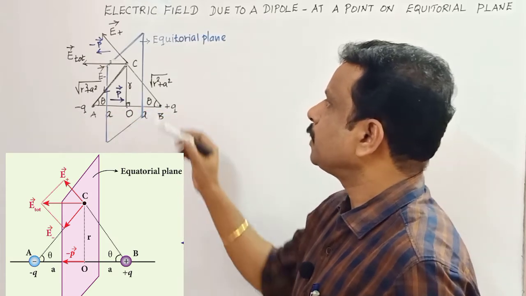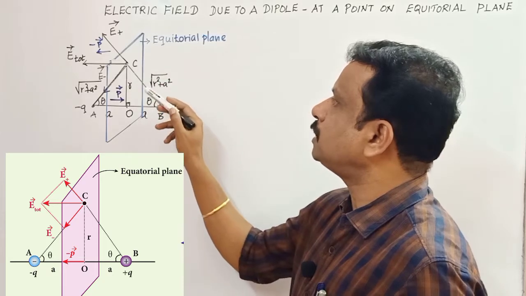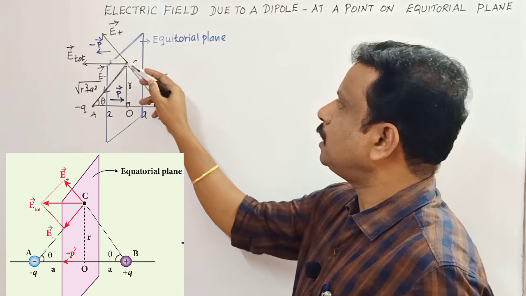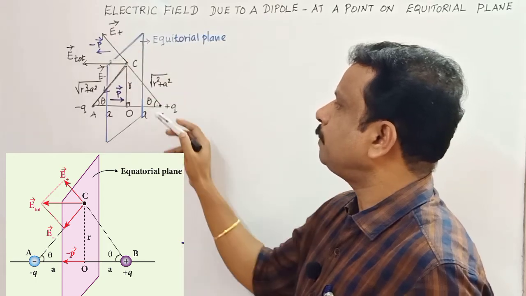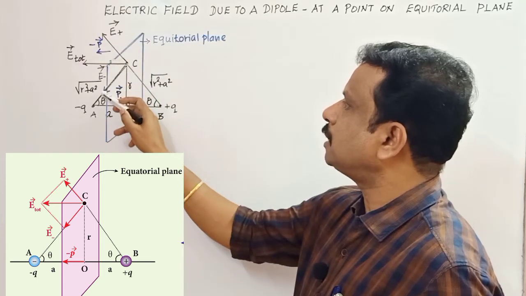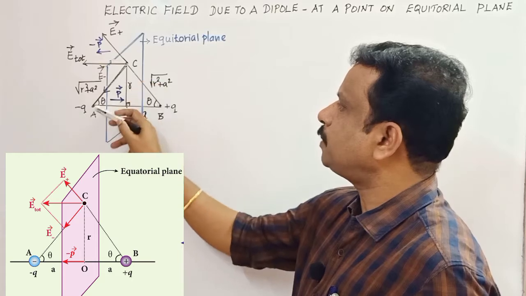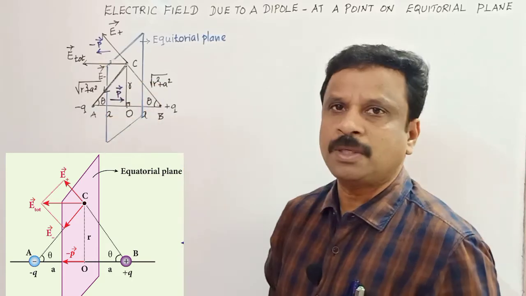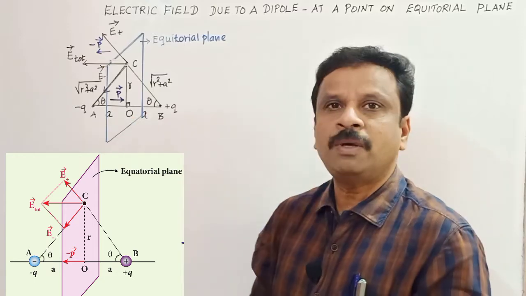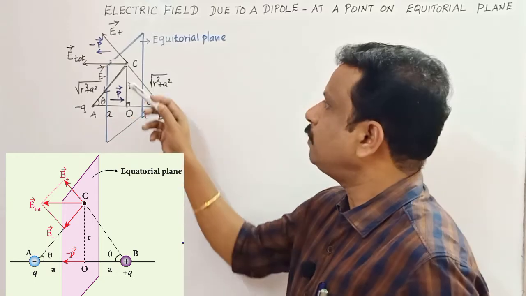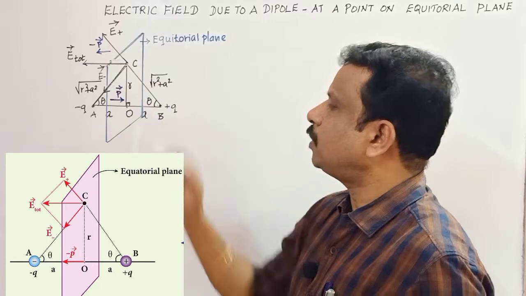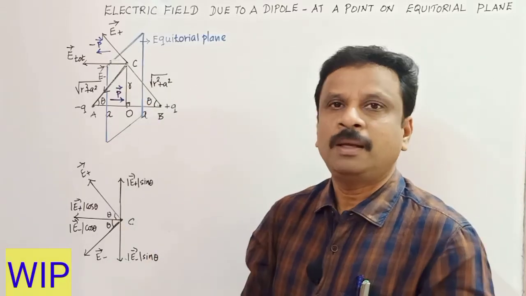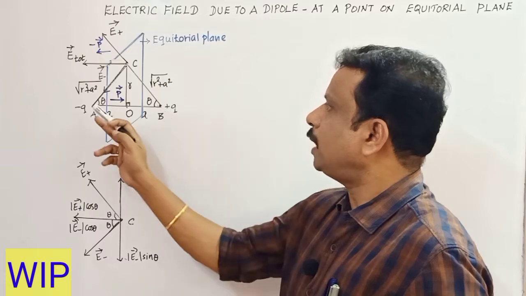At a point, how many fields do we have? Two fields. One field is due to plus q, represented as E plus vector, and another electric field is E minus vector, which is due to the negative charge, and the magnitudes will be equal. That's why we have drawn equal length arrows, because the distance is equal from plus q and minus q.